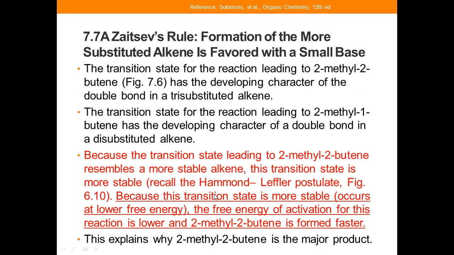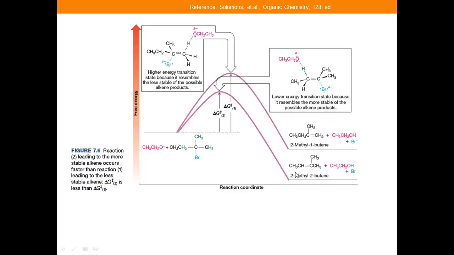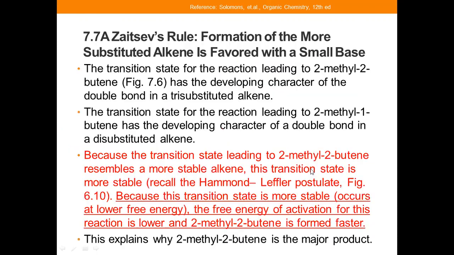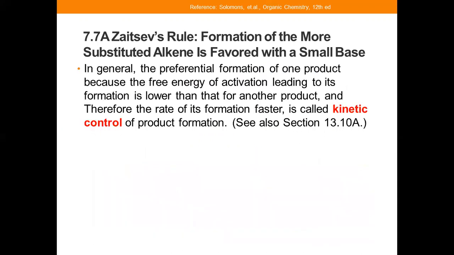And we've learned from the Hammond-Leffler postulate that when the transition state is much more similar to the product, it favors that transition state. So the free energy of activation for this reaction is lower, and 2-methyl-2-butene is formed faster. This explains why 2-methyl-2-butene is the major product.